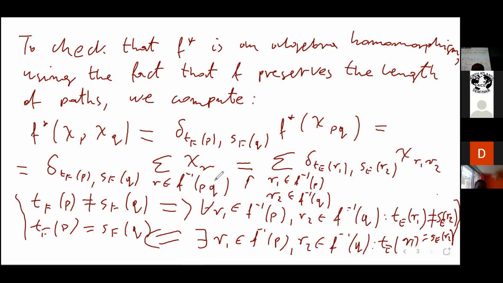So maybe let me write it. This is why, using the fact that F preserves the length, which is also used in this case. But now I have to go to the next page. On one hand, I have a condition in the sum that R is in the preimage of PQ. And now we know that PQ is a path.